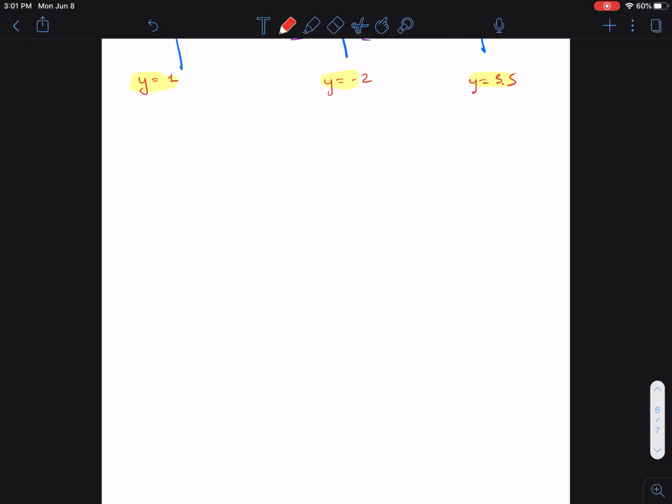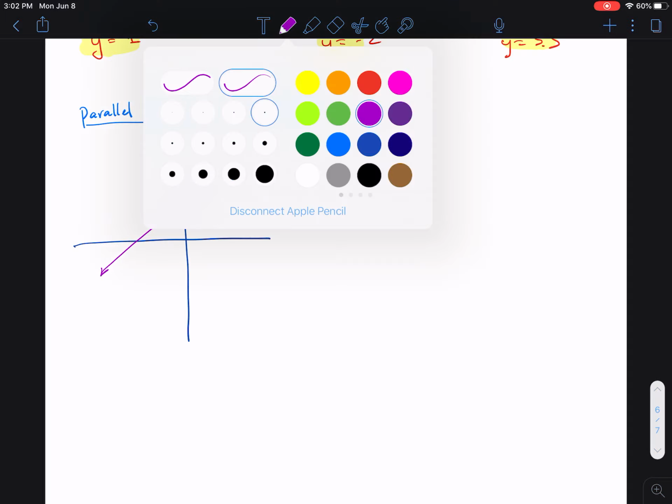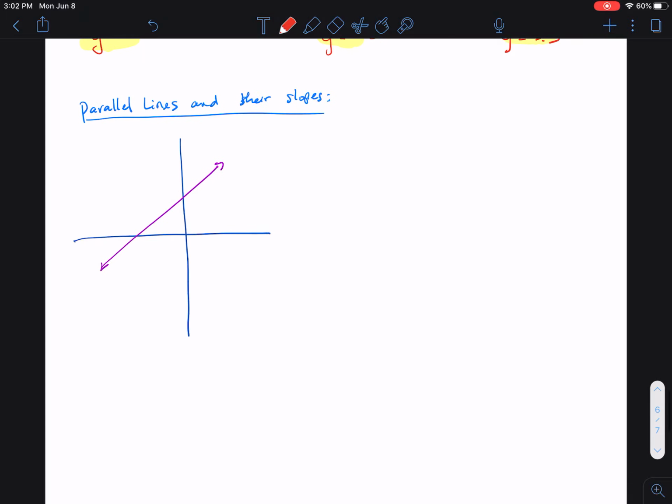Okay, so we're going to say, parallel lines and slope. If I draw two lines on the same set of axes, let's say I have this first line there, and then I have another line that is parallel to this one.